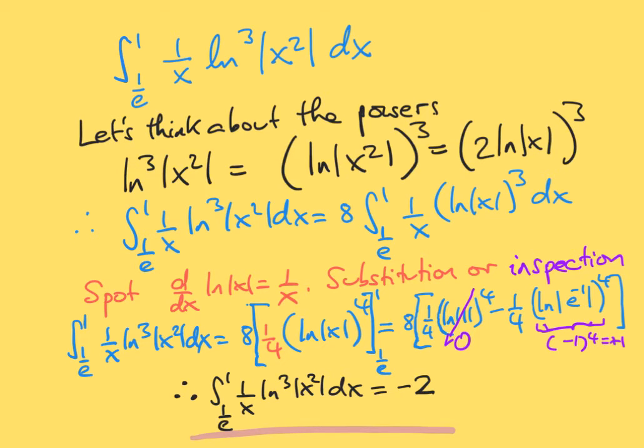So I'll just write down here that we expect a negative result as 1 over x is greater than 0, but log of x is less than 0, and if the logarithm of x is less than 0, its cube is also going to be less than 0.